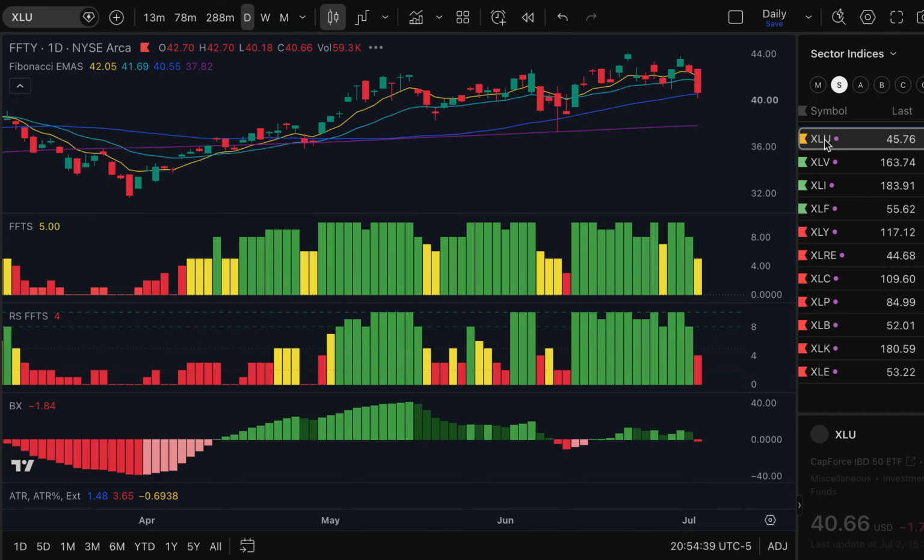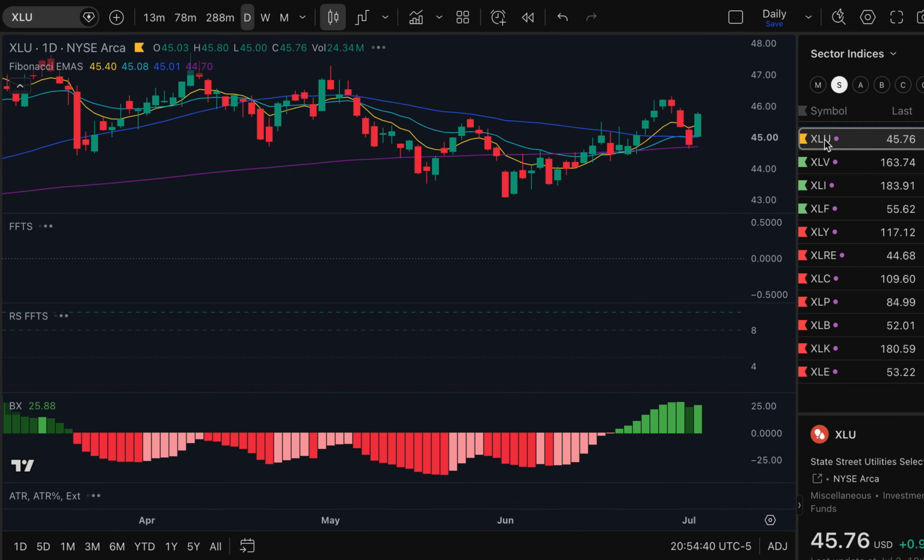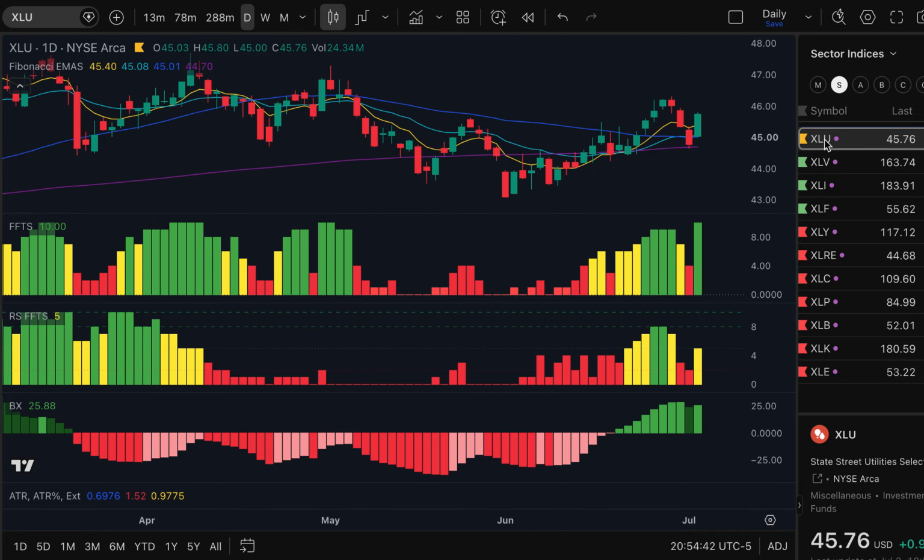We'll start with XLU, the utilities. Trend stack just fired green, 10 out of 10, but relative strength only 5 out of 10. Momentum is positive, bright green.